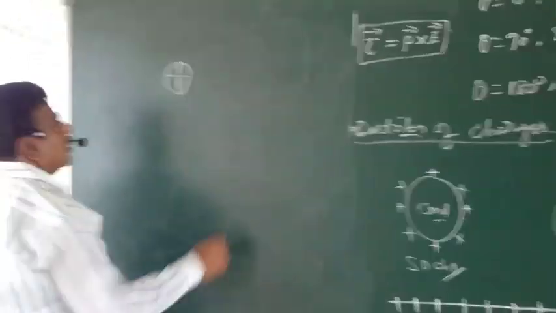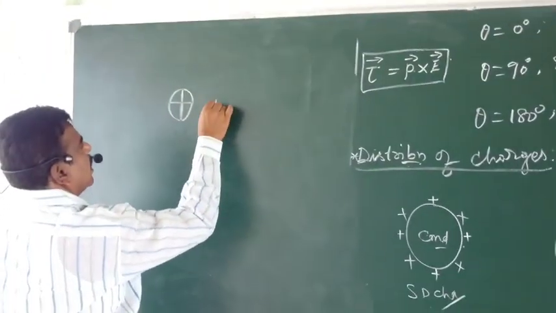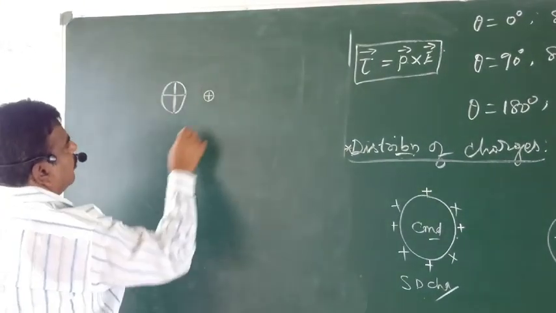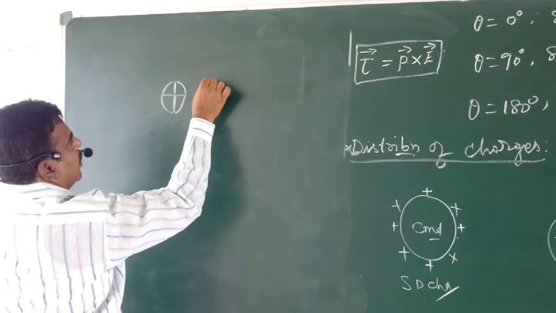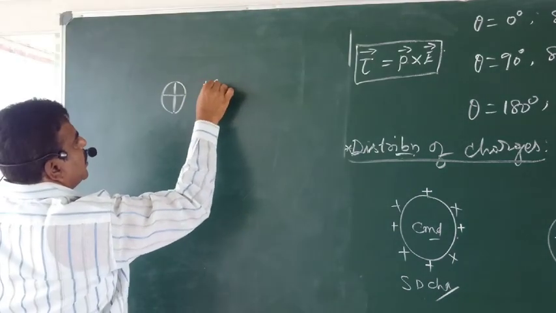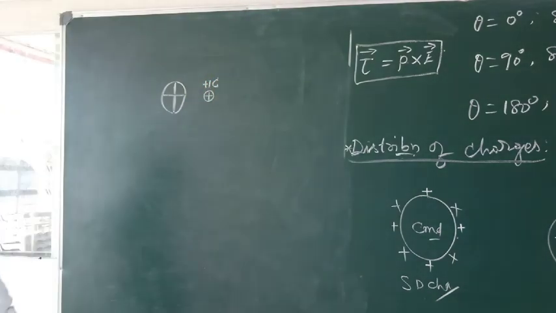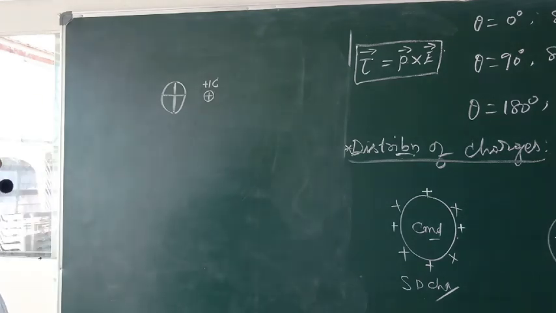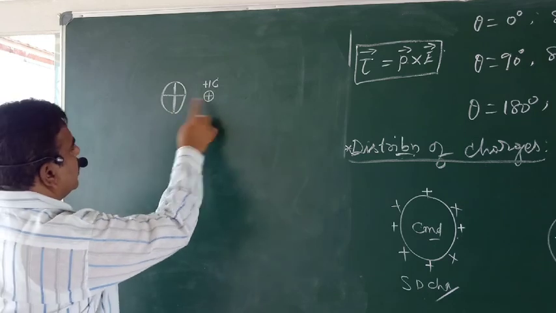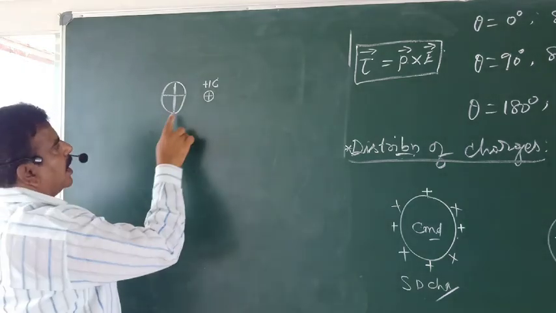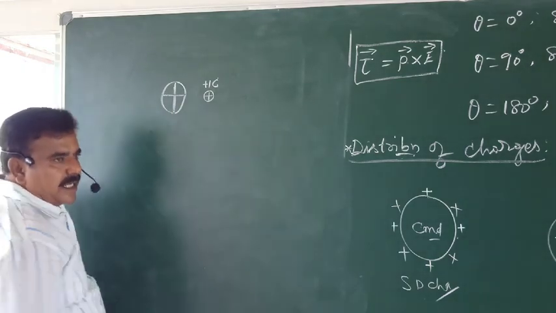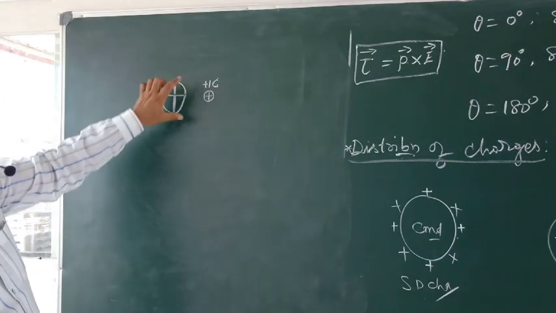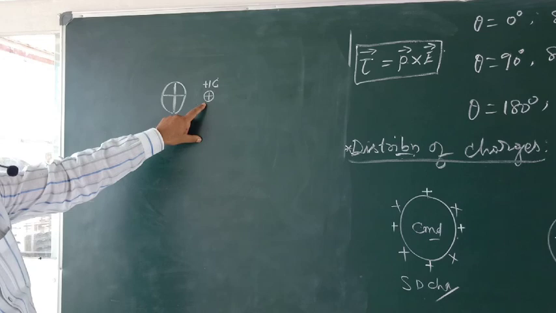What he did was, if I place another unit positive charge in this electric field, that means plus 1 coulomb charge, which is called a unit positive charge, what happens between these two charges? They are like charges. As a result, they repel each other. This is the fixed charge. If the other is free, what happens?